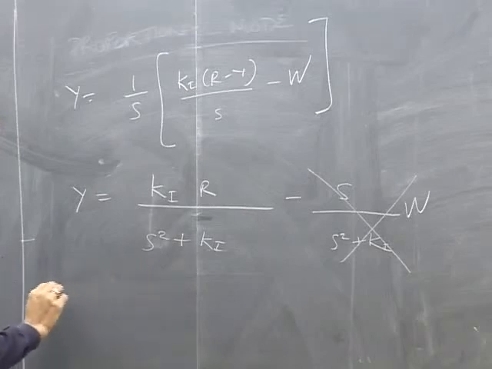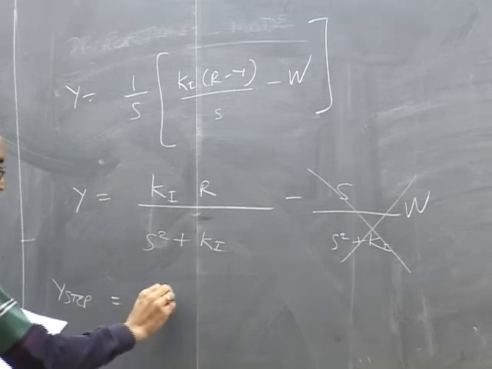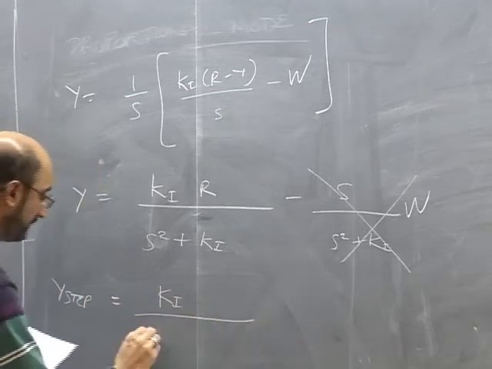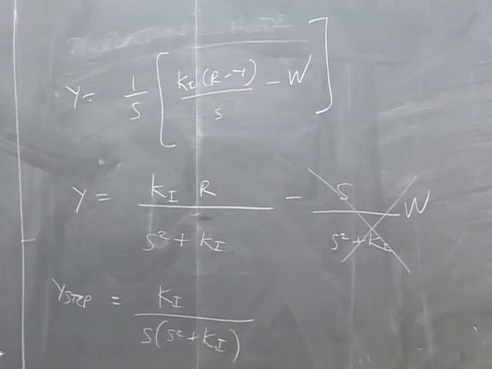So if you do that, then the step response, Y step, is going to be ki over s times (s squared plus ki), right?